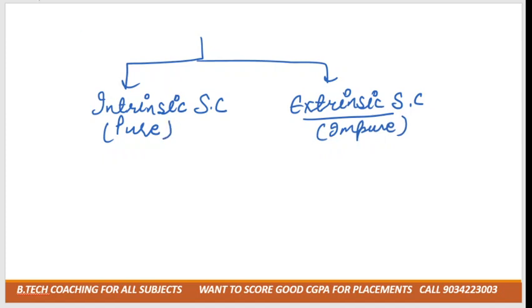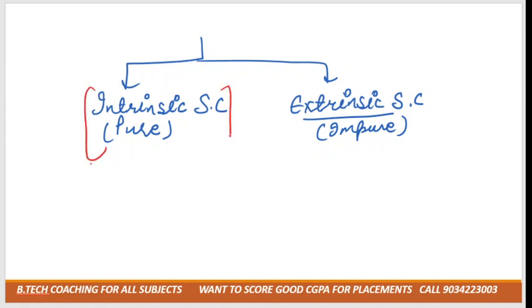Okay, pure semiconductor. I think you have heard that we can't use pure gold. Have you heard this? Why can't we use pure gold? Can you tell me? Yeah, we can't use pure gold because it is in a soft, melted form. To use it, we have to add some impurities, right?